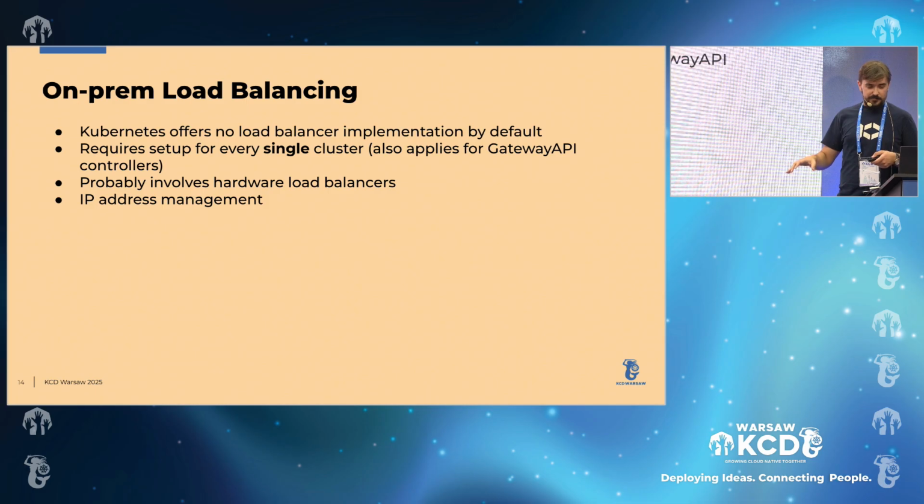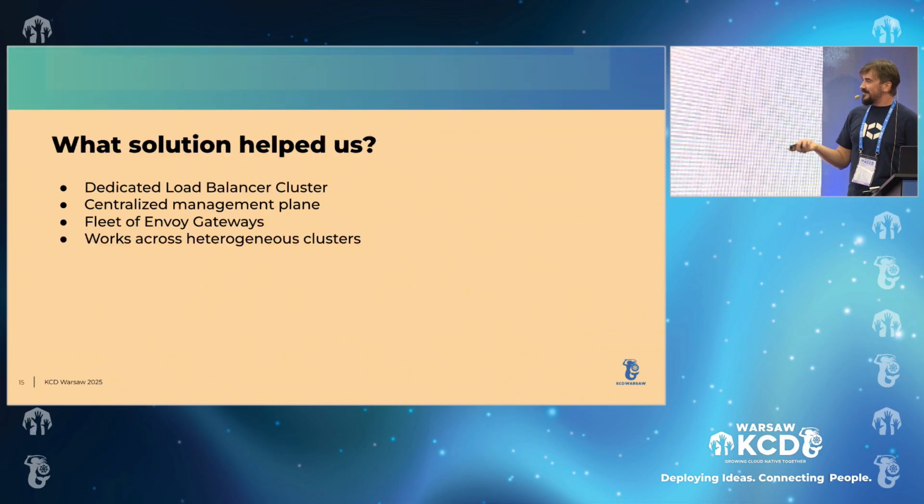And it also involves hardware load balancers and IP address management. We often know MetalLB. Probably if you are on-prem, you use MetalLB. Who of you uses MetalLB? Okay. Good. We also do that in our solution. So about this solution, we're going to talk.